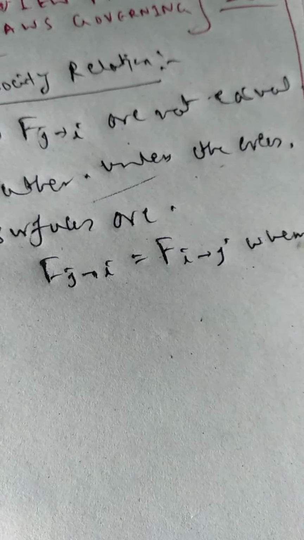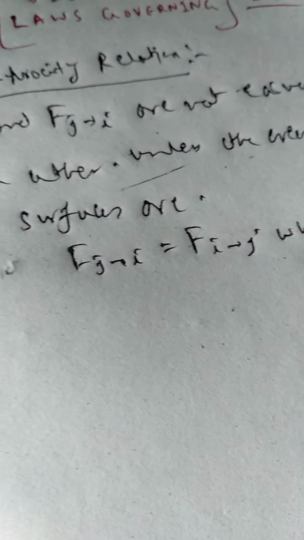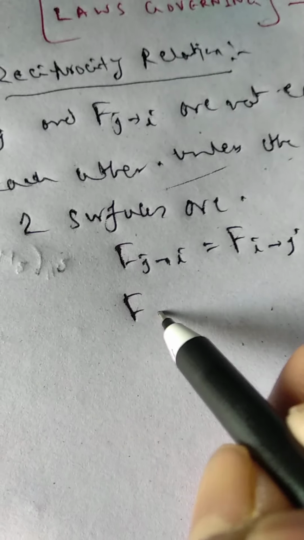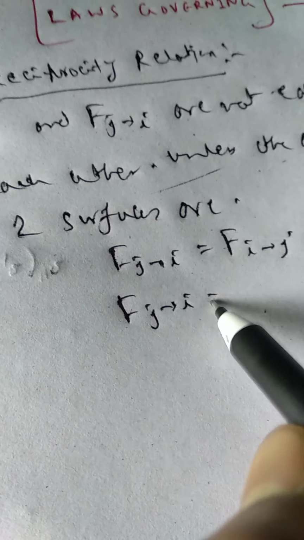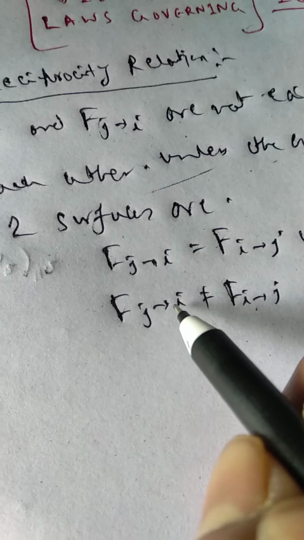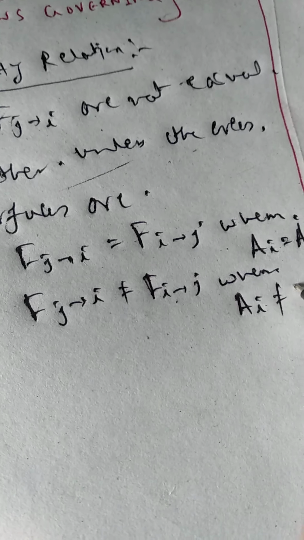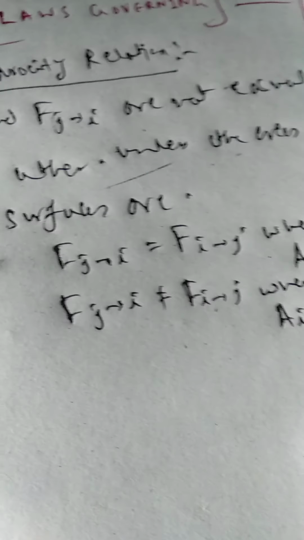So these two will be equal when the area A_i is equal to A_j. That means their areas will be equal. And F_ji will not be equal to F_ij, that is the view factor of j to i will not be equal to the view factor of i to j, when the areas are not equal, A_i not equal to A_j. Okay.